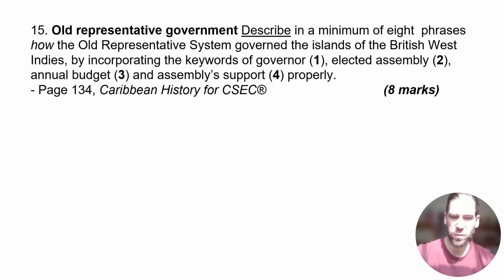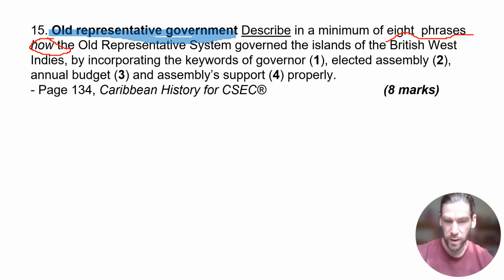Old representative government. Describe in a minimum of 8 phrases, so it has to be 8 phrases long, and longer is better, how the old representative system governed the islands of the British West Indies by incorporating 4 key topics or key words.